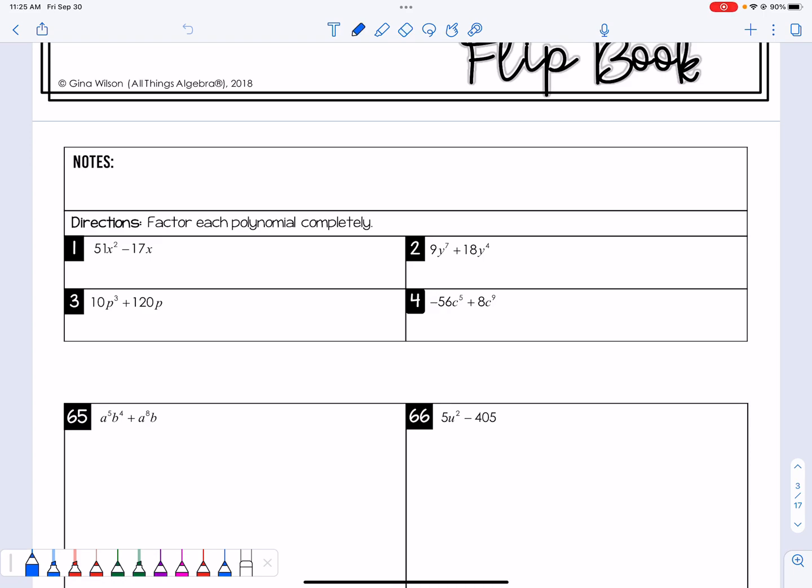For greatest common factor, you want to divide by the largest common factor and then leave the remaining factors in parentheses. So let's write that down for our notes. Divide by the largest common factor, and we want to leave the remaining factors in parentheses.